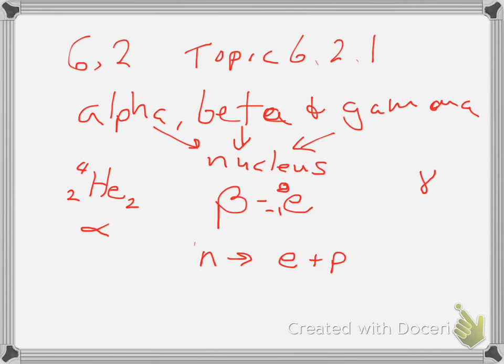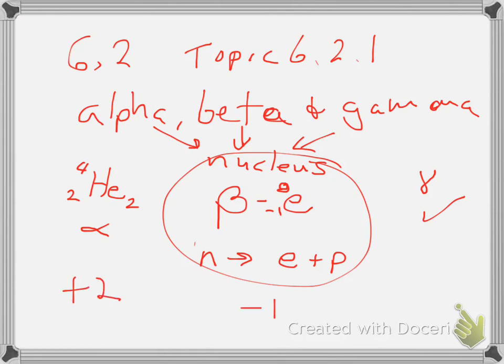The beta particle has a -1 charge, and the helium particle has a +2 charge. So +2 charge, -1 charge, just in relative scale here, and I'll put a 0 here for no charge.